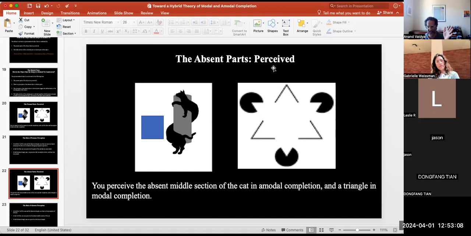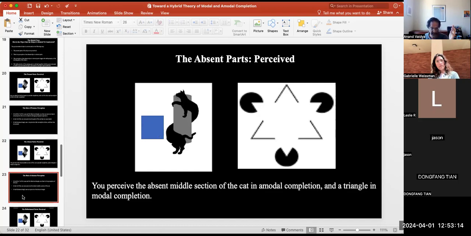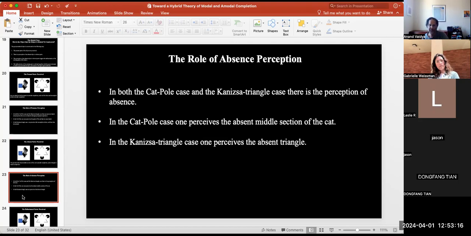So in both of these cases, we would claim that there is absence perception going on. Okay. Now, what is the role? In both the cat pole case and the Kanizsa triangle case, there is the perception of absence. Okay, and so in the cat pole case, one is perceiving the absent middle section, and in the Kanizsa triangle case, one perceives the absent triangle, at least, we can minimally say.